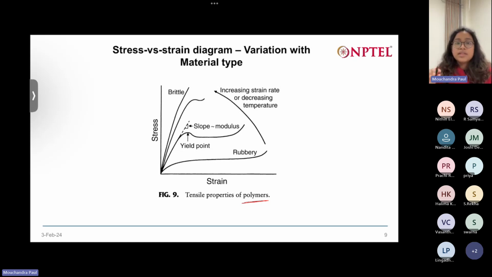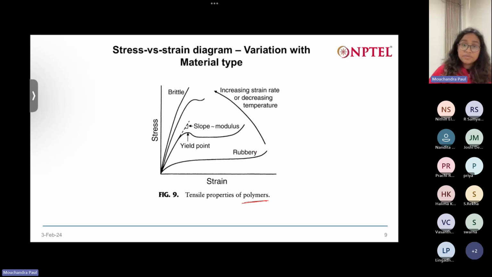Okay. Then for a rubbery kind of material, like a rubber or a tire, it doesn't have a very long proportionality region, which means it doesn't have a very long elastic region. The nature of this material allows it to plastically deform very easily.